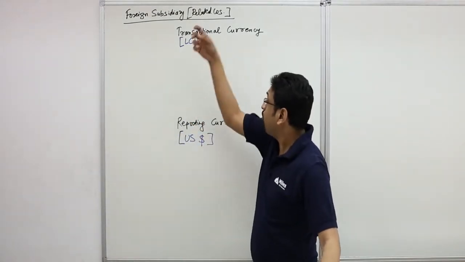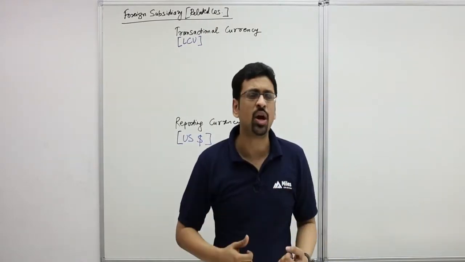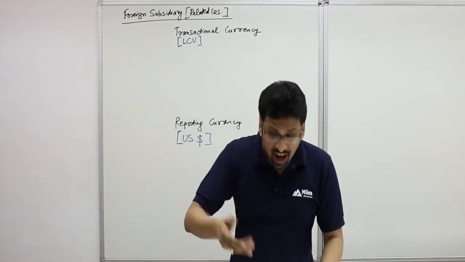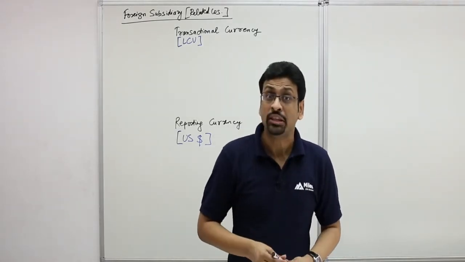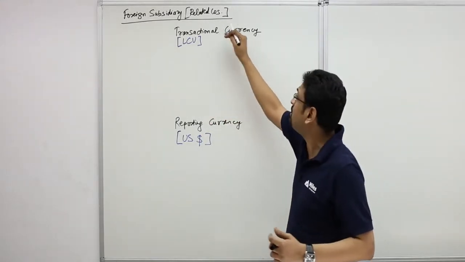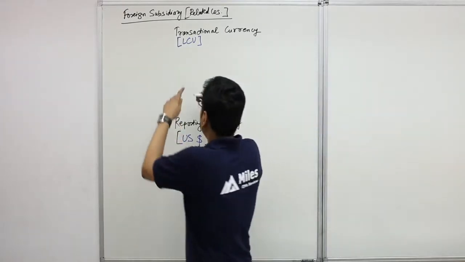Now, when you want to get from transactional currency to reporting currency, the first question that you want to ask is, what's the functional currency of the subsidiary? So guys, we already know the transactional currency of the subsidiary, that's the local currency unit. Now we're talking about functional currency.